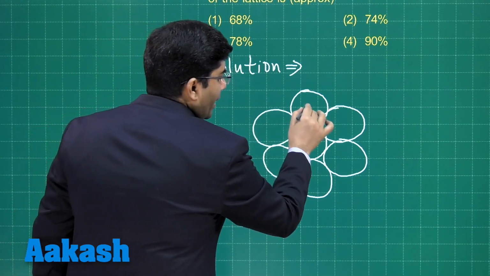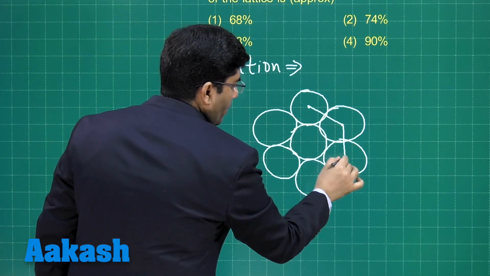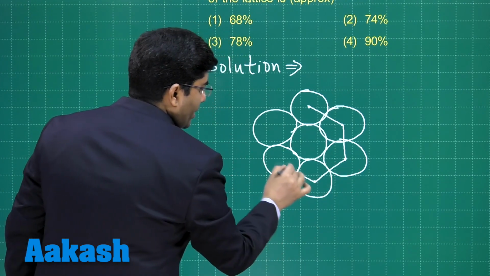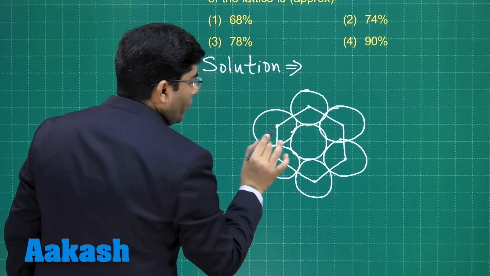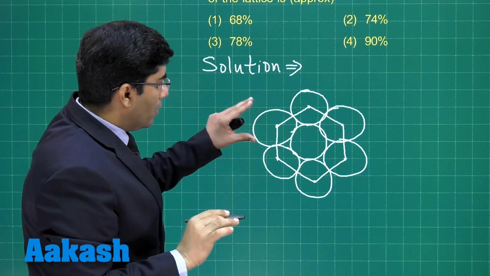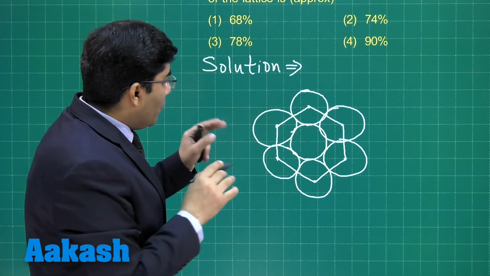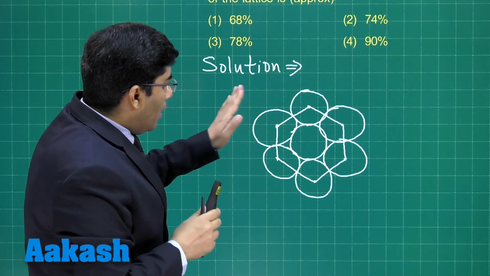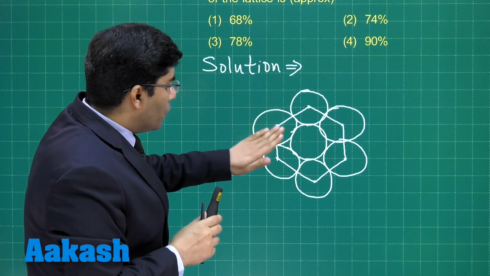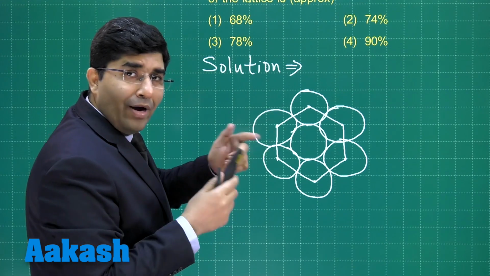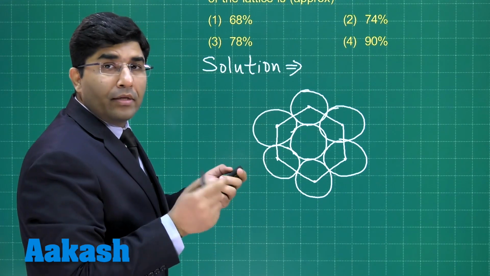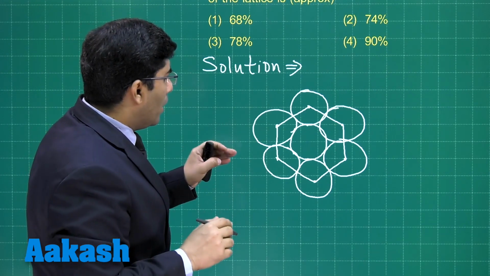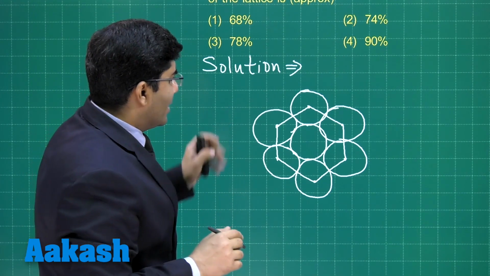So let us join the center. Now this is hexagonal closed packing in 2D. So we have to find out the packing fraction of this, right? So packing fraction will be the total area of the circles divided by the area of the hexagon into 100, right? So first we have to find out the area of the hexagon.